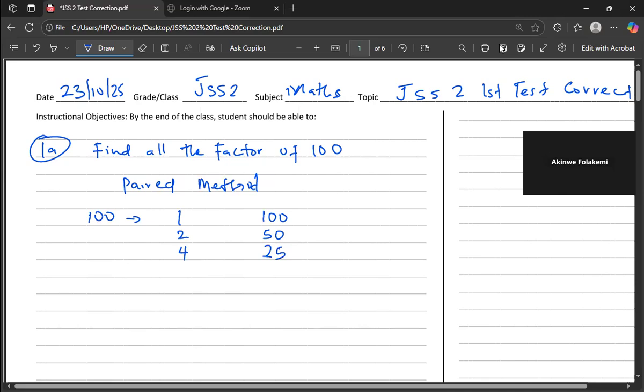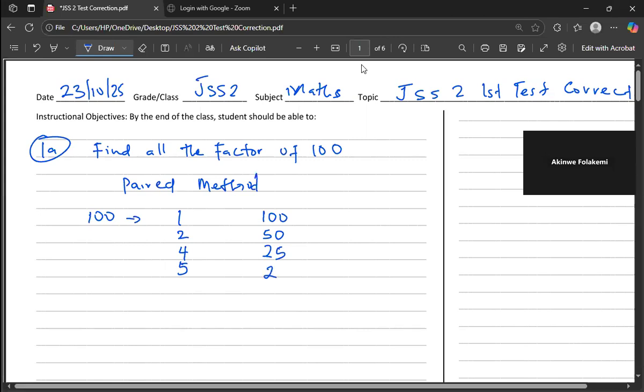So the next number after 4 is what? 5. So we use 5. Does 5 go in 100? Yes. How many times? 20 times.